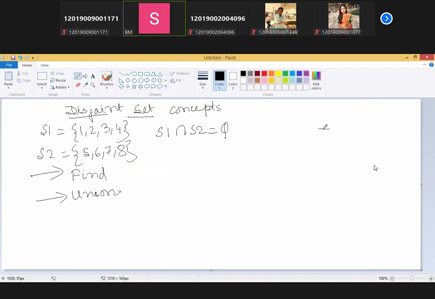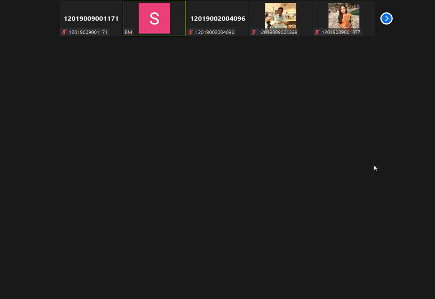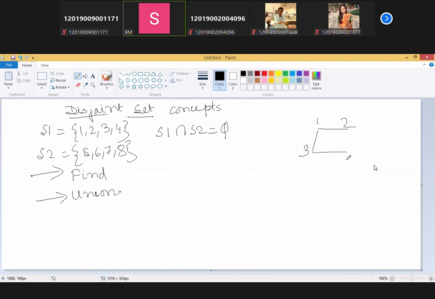Say there is a graph. Initially, how is this done? Find means the find operation will check whether it's in some set or not.